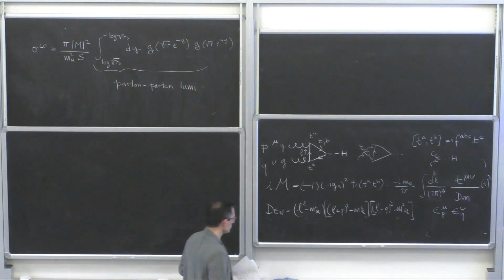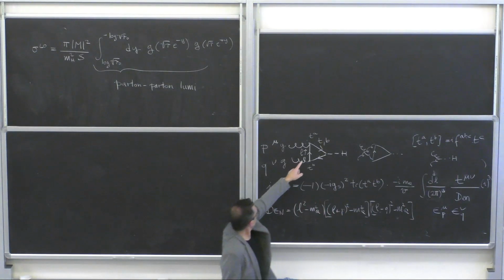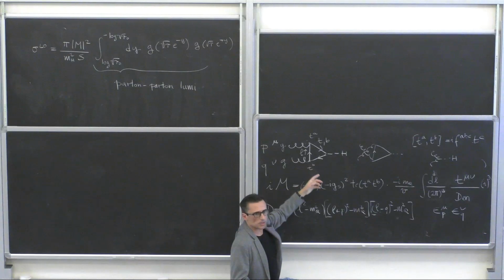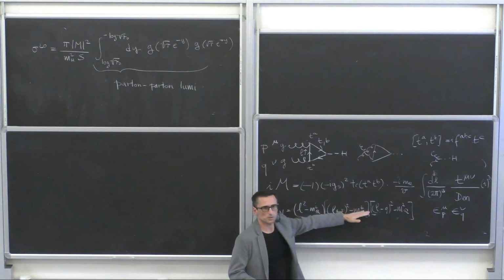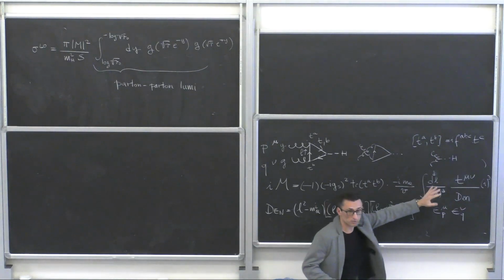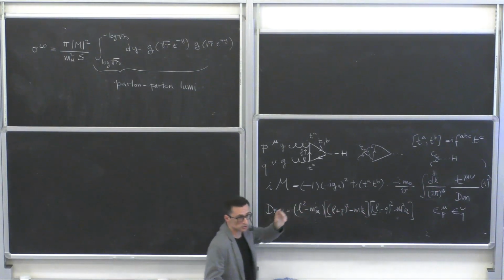There are 3 because there are 3 fermions. And I'm putting the gamma on the top, so they're squared. In the numerator, I will have P slash and so on.